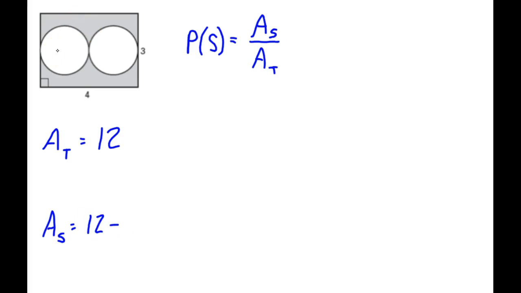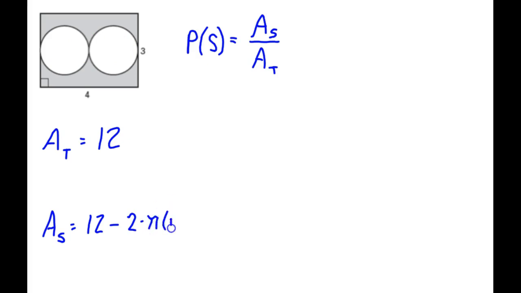We can assume in this case that both circles are going to be congruent. If this length of the rectangle is 4 units and these two circles are congruent, that means the diameter of each of these circles is going to be 2 units, which implies that the radius of each circle is going to be 1 unit. So we're going to subtract 2, because we have 2 circles, times pi r squared.